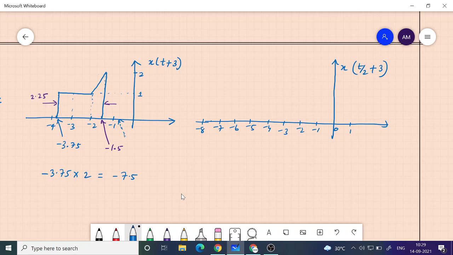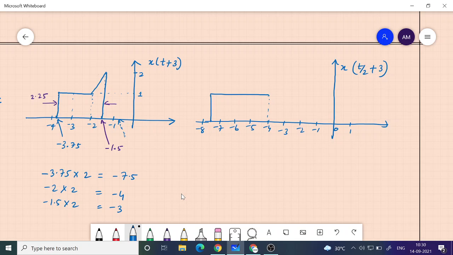Amplitude should not change, and then the other limit is minus 2 into 2, that is minus 4. Mark it here. Okay, and then minus 1.5 into 2, which is minus 3.